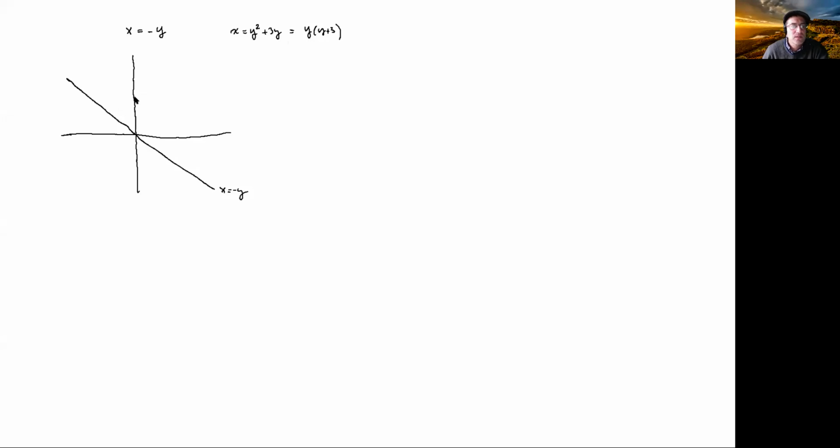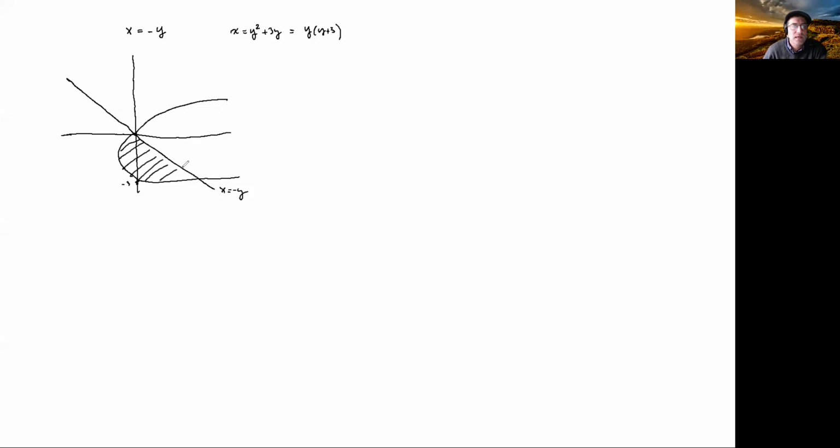It crosses the x-axis in exactly 2 places, at the origin and at y equals minus 3. This is a parabola. It looks like x equals y squared, except that it's moved over, and it's shaped like this. It goes through x equals minus 3. Good enough. So this is the shaded region we're trying to compute the area of.